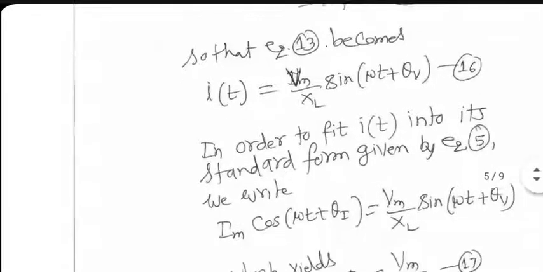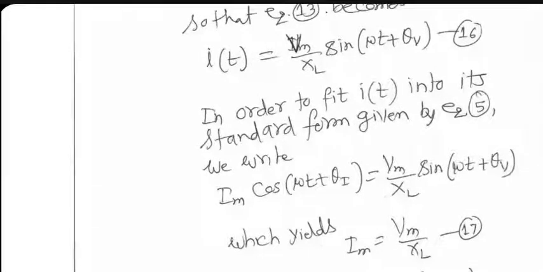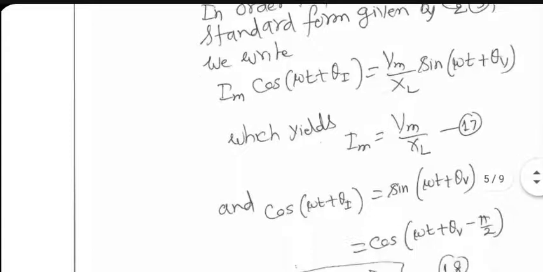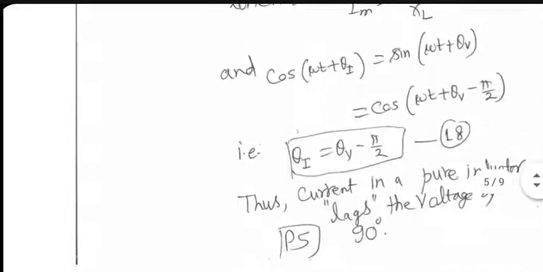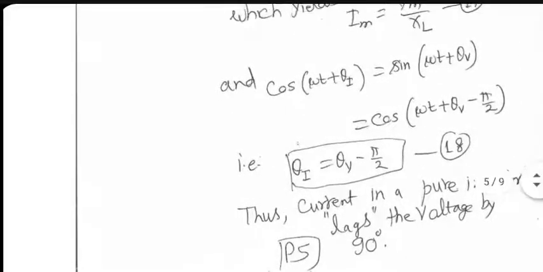So I write i(t) equal to Vm divided by XL sine of omega t plus theta v. Now I try to fit this into a standard form, i(t) equal to Im cos omega t plus theta i. That's a standard form for any instantaneous periodic current. So what will be the values of Im and theta i? Obviously Im is Vm upon XL, no issue about that. Theta i, you can check it out yourself, turns out to be theta v minus pi by 2.